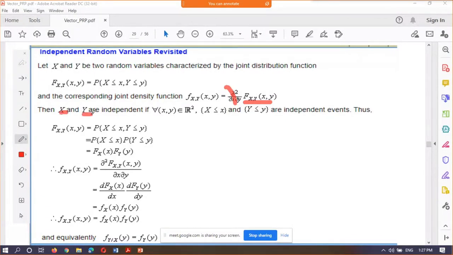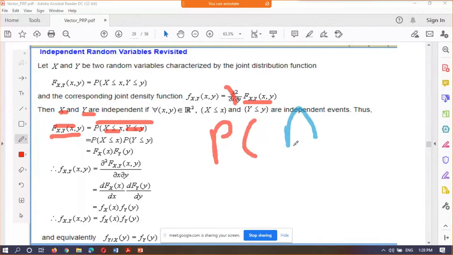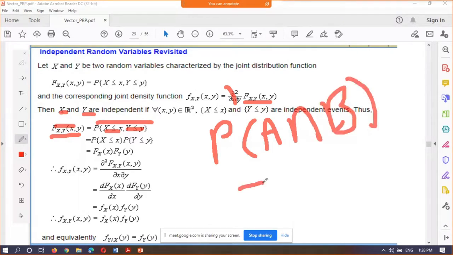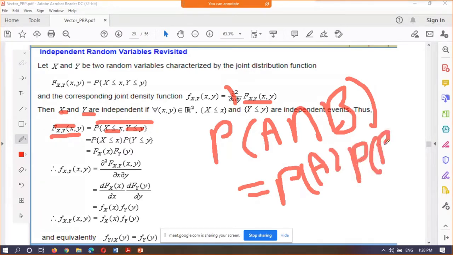So if x and y are independent, then this probability, because it is the definition of this, and we are saying these random variables are independent, and you know that if two events are there, probability of A intersection B, if A and B are independent, it is probability of A into probability of B. So here this is one event A and this is another event B. And we are saying that X and Y are independent, so it means this event is independent of this event.